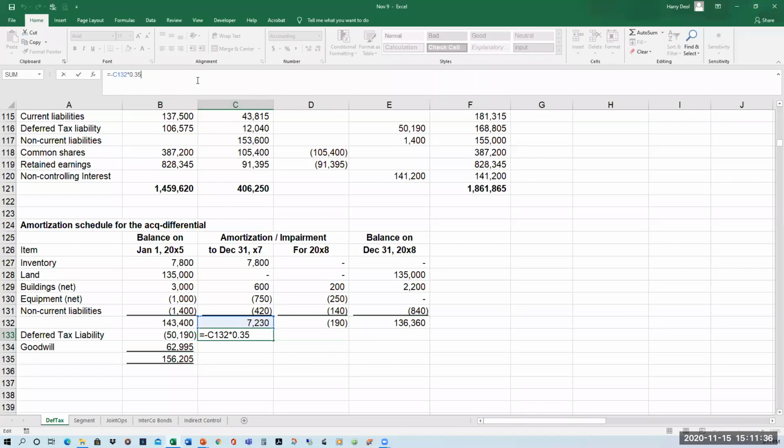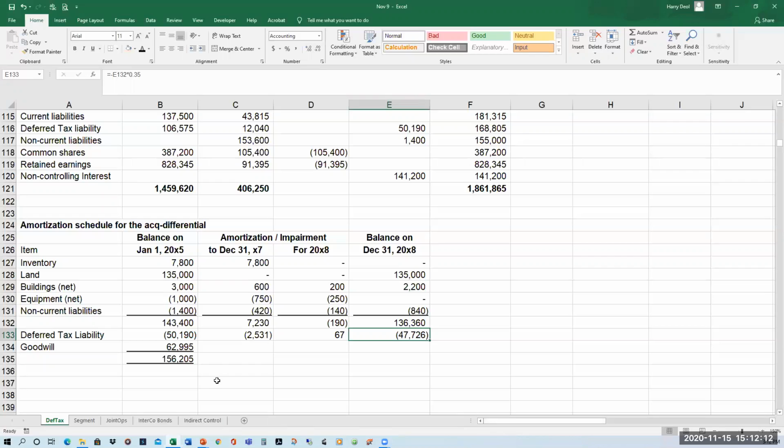So up to the end of year 2007, 35% of 7,230 or 2,531. Just make sure that the sign is flipped. All right, so for this one, the amortization for the deferred tax liability would be 190 times the negative 35%. So that's $67. And the unamortized balance is negative 47,720. The negative basically implies it's a credit.